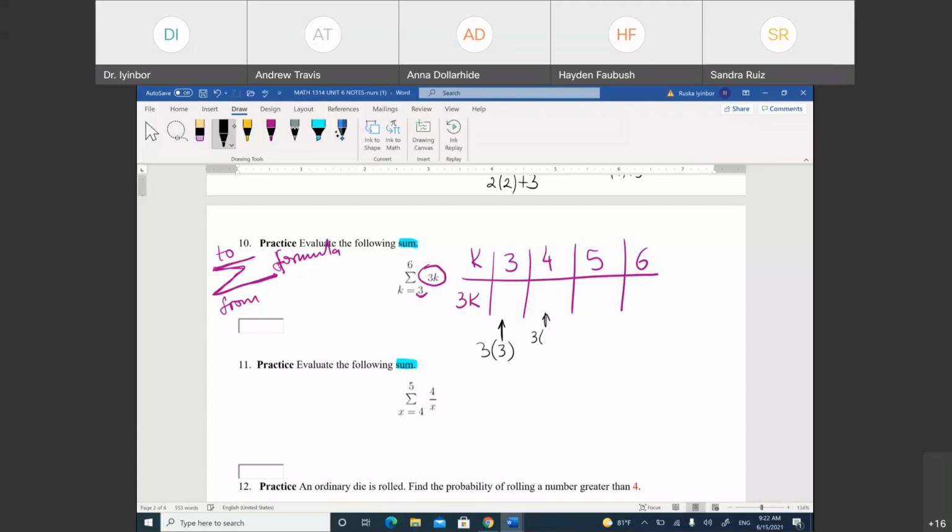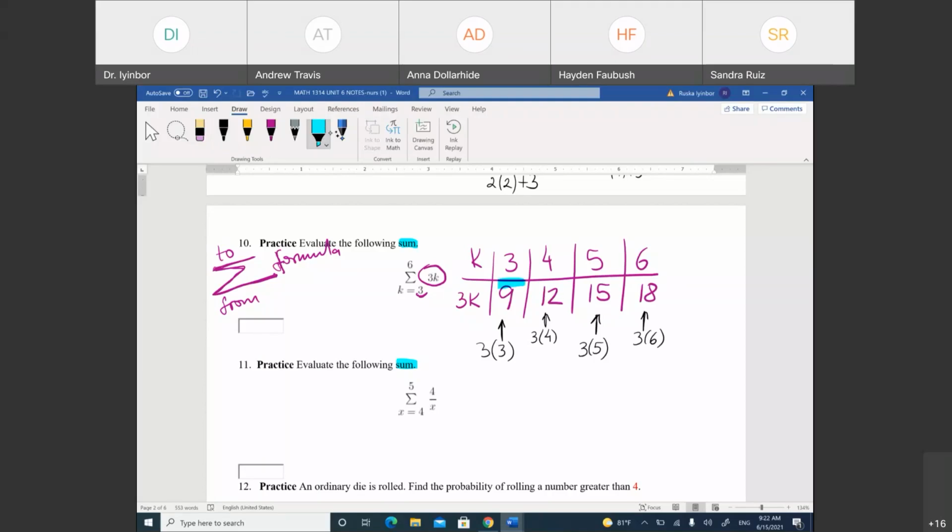The next one is going to be 3 times 5. And the last number is going to be 3 times 6. So the numbers you're going to add are 3 times 3 is 9, 3 times 4 is 12, 15, and 18. So these are the numbers you're going to add.